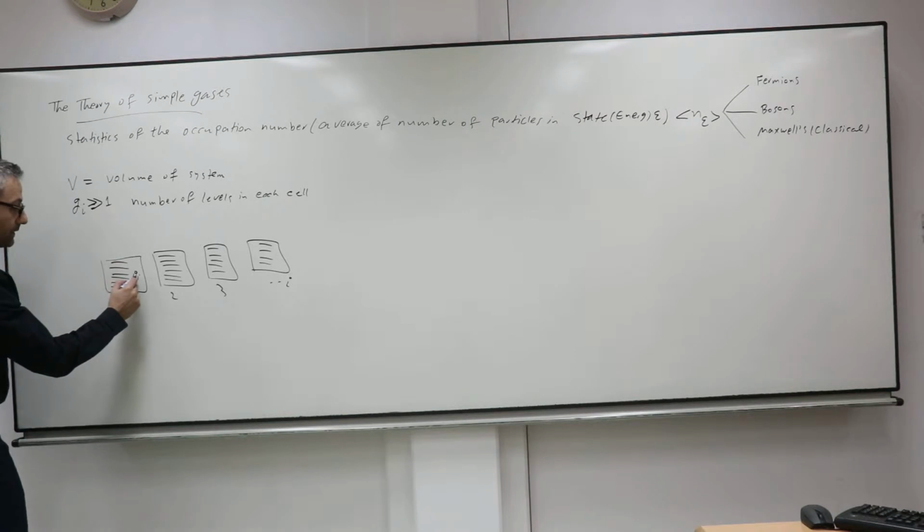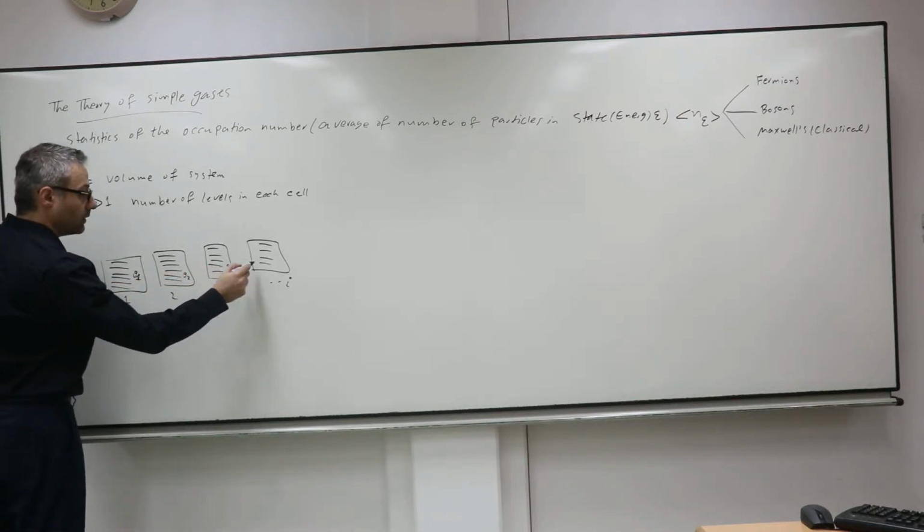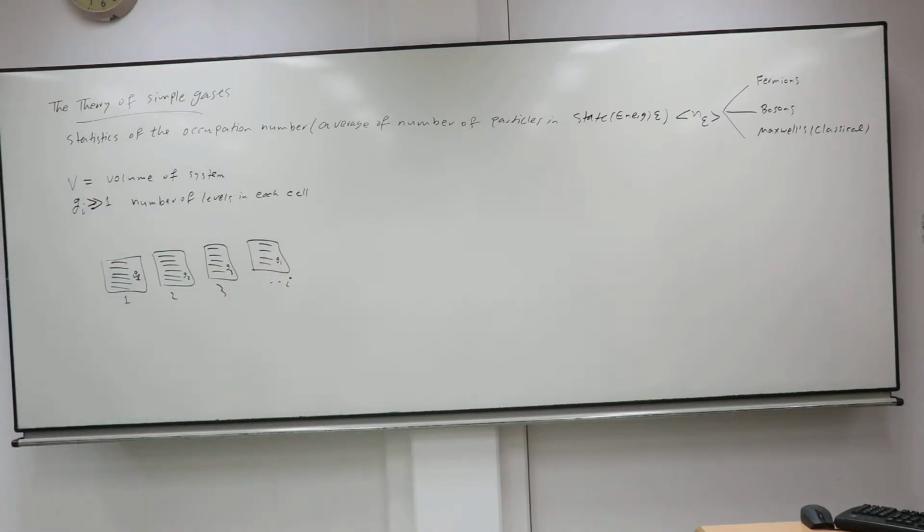For example, here is G1, G2, and GI. You know that both quantities, the number of energy levels and the number of particles in each energy level, are big. So GI is actually a big number, related to the number of states of the energy in the system.